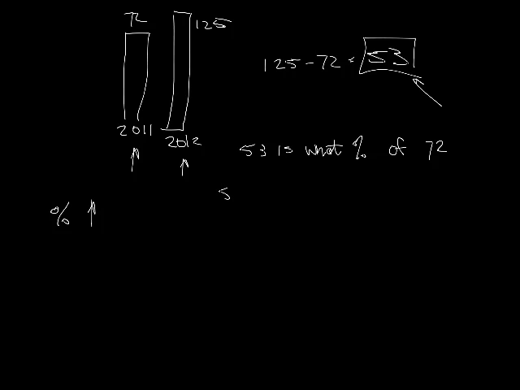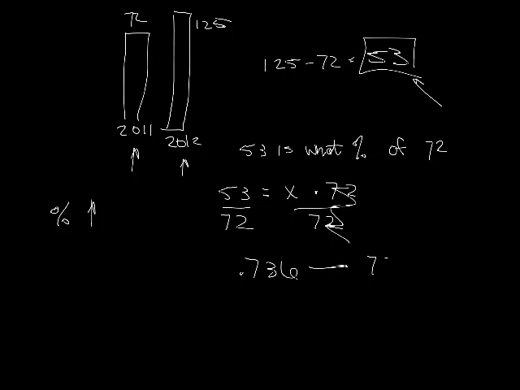So 53 is what percent of 72. So we're going to divide by 72. Those go away. 53 divided by 72 is 0.736, and we need to change that to a percent because they're asking for the percent increase. So it's a 73.6% increase in phone sales between 2011 and 2012.